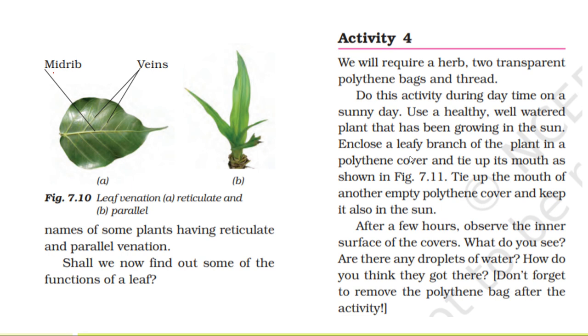But to prove our point that our leaves lose water through their surface pores, that is stomata, we are performing activity 4. For this activity we need a herb, 2 transparent polythene bags and a thread.